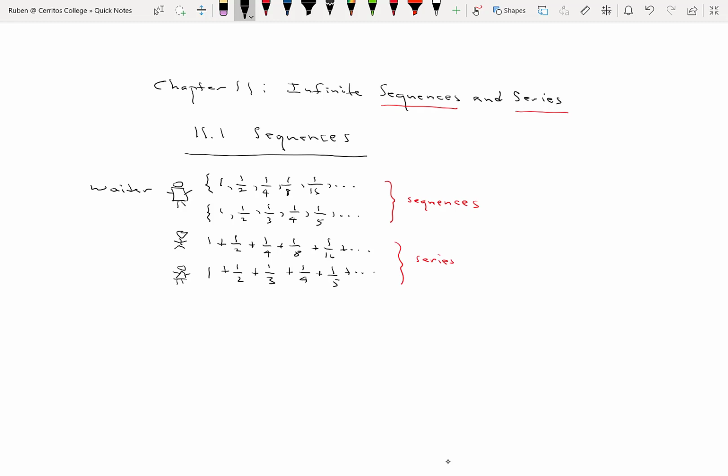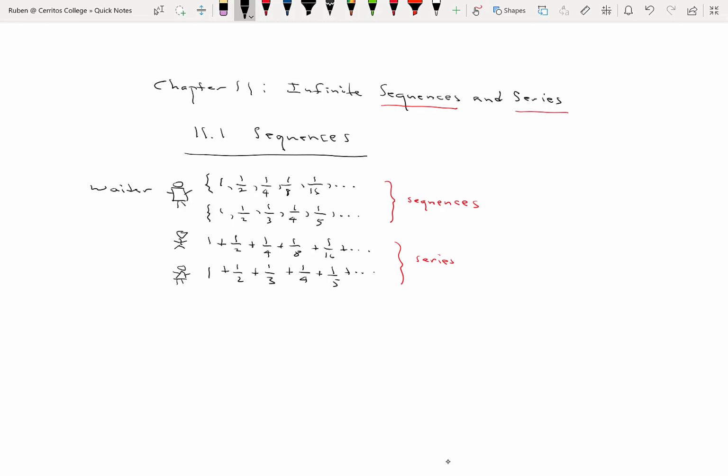In fact, they converge to 0. So if the elements, the individual numbers in a sequence, approach 0 as we look at more and more of those numbers, the sequence is said to converge to 0. Okay, and I'm not writing this out because it's mostly an introduction. We're going to unpeel this very, very slowly, starting in a few minutes.